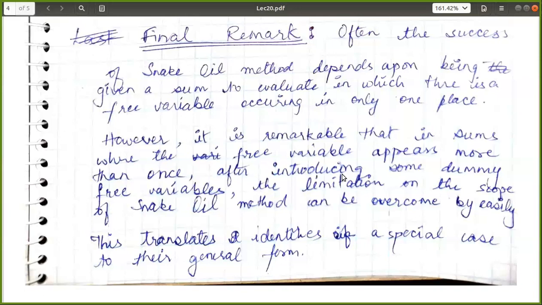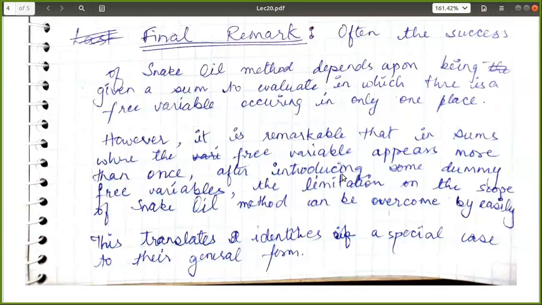So what it really does is, whatever series you would have evaluated with the free variables n, m, p, q, r, it is going to have the original series as a special case.